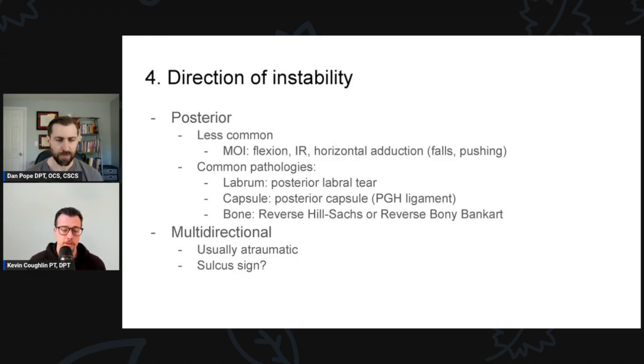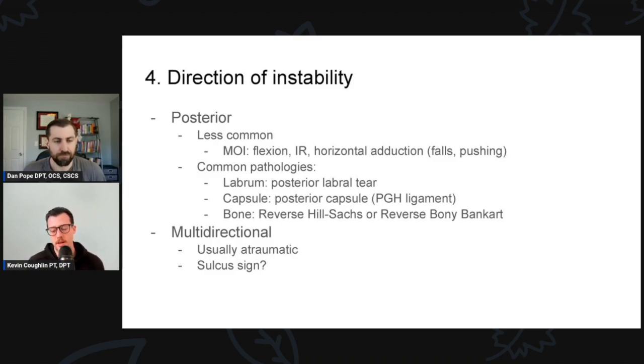And then with multi-directional, they feel kind of loose in every direction. They're not usually going to report any type of traumatic mechanism of injury. So something else to just pick up on when you're going through your subjective examination. One test that the research seems to show is kind of helpful for this is just looking at that sulcus sign.